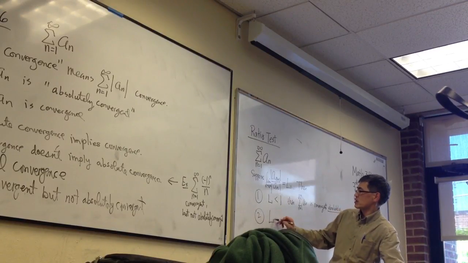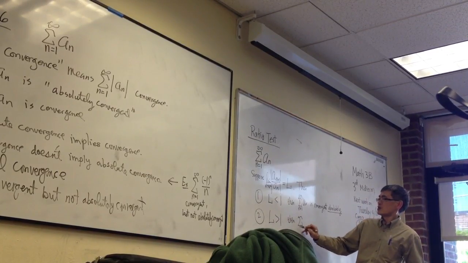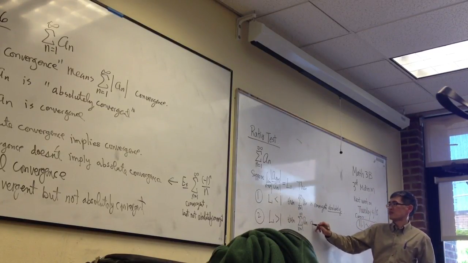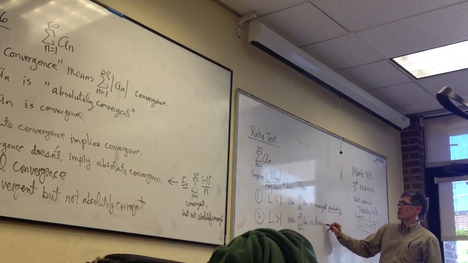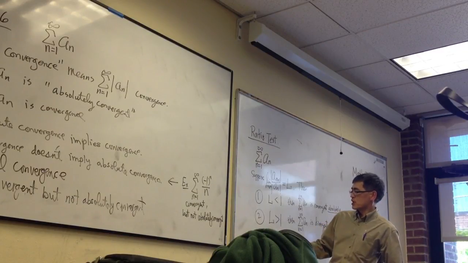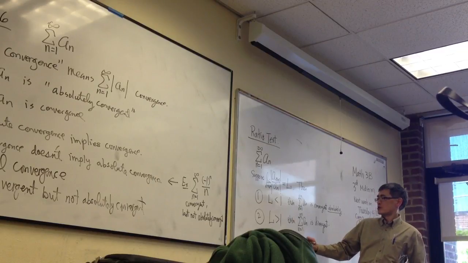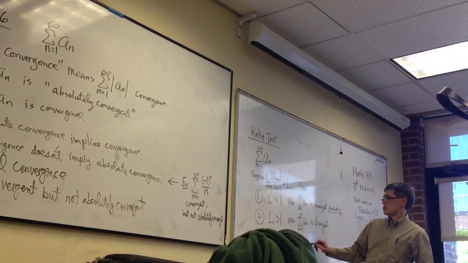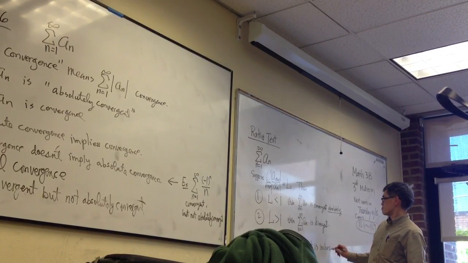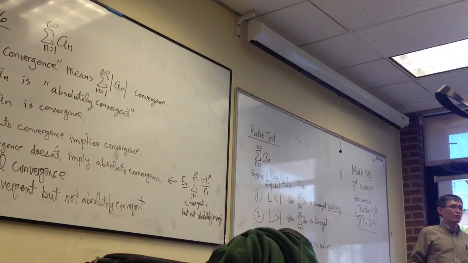Whereas if L is greater than 1, then, sorry, the original series must be what? Divergent. And there's a boundary case, which is L equal to 1. Then this test is inconclusive, which means it could be convergent, it could be divergent, I just don't know.